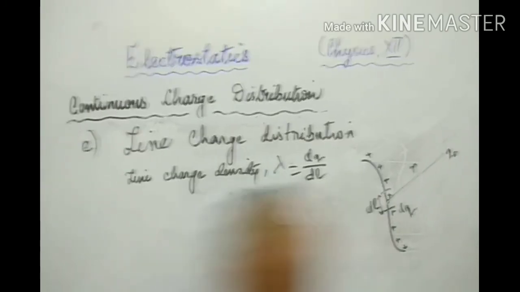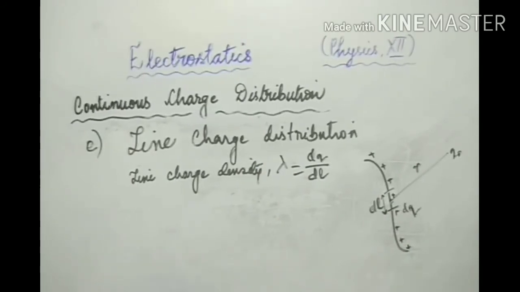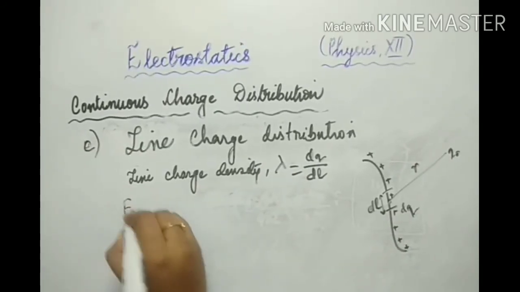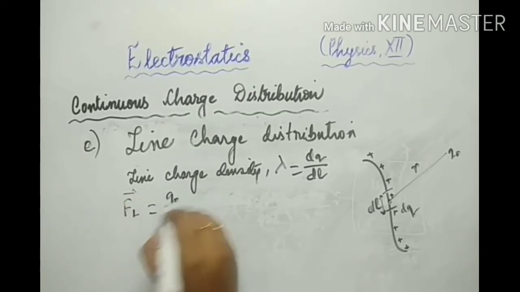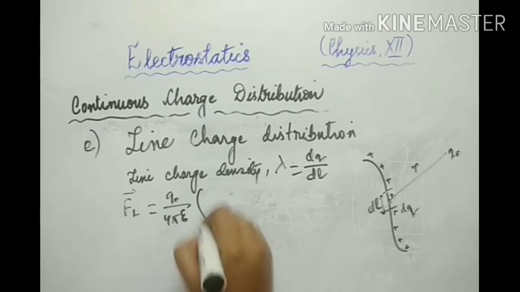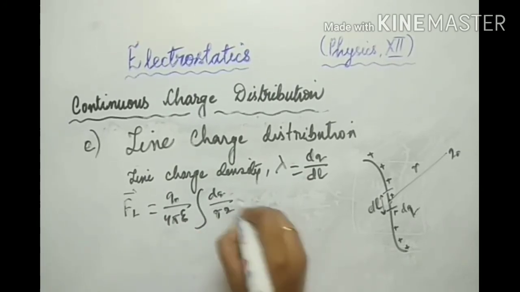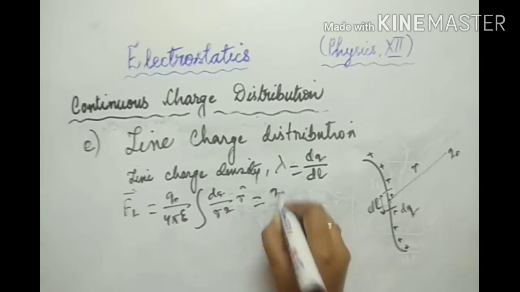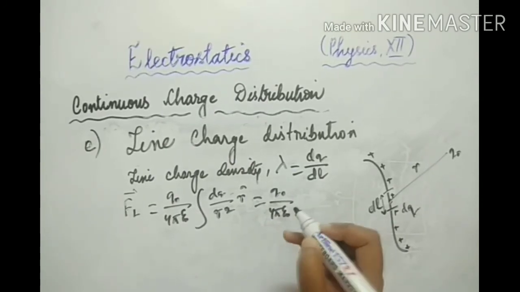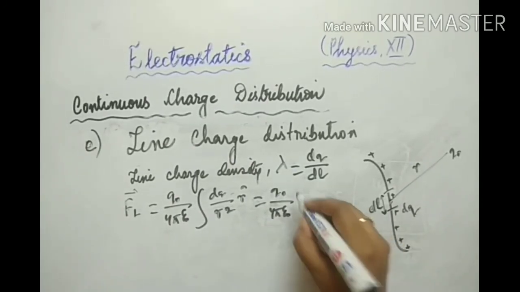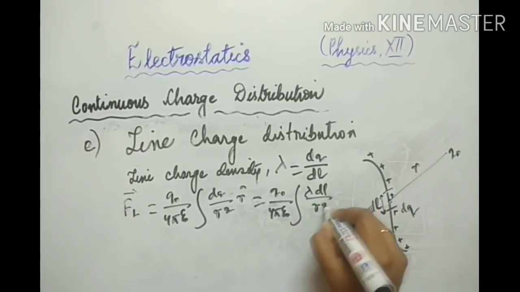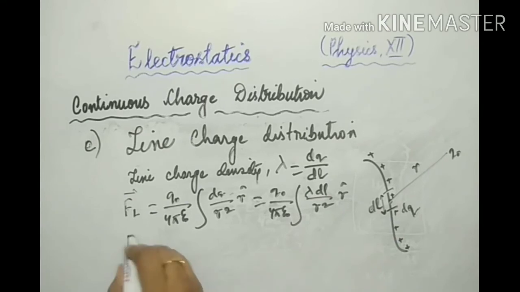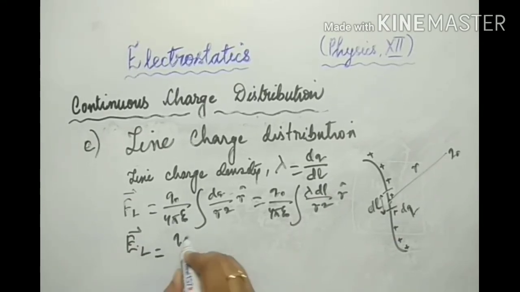So if you want to find the force, force F of subscript L will be equal to, we know this formula, dq by 4 pi epsilon naught by r square, r unit vector. dq will be lambda dl by r square, r unit vector. And if you want to find the electric field, how will you write it?